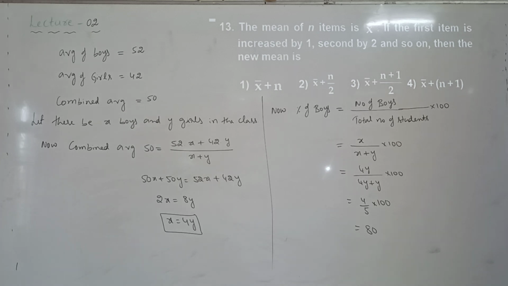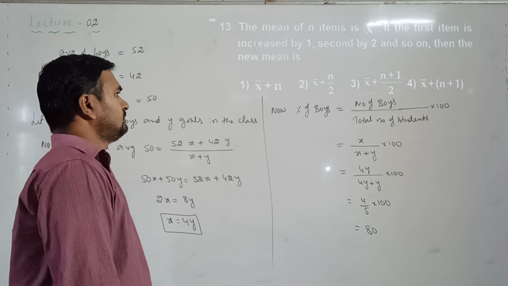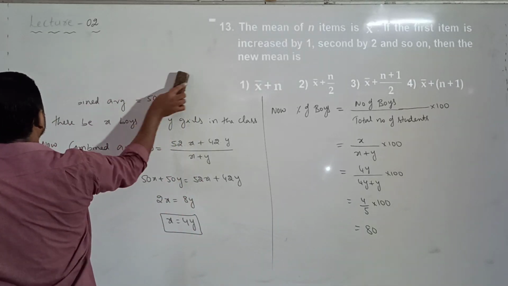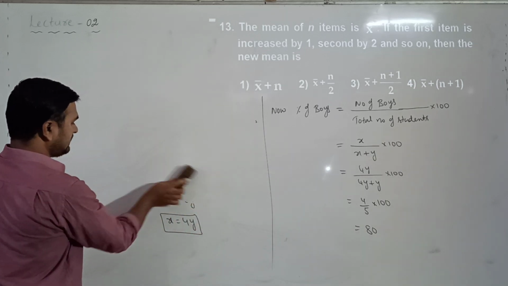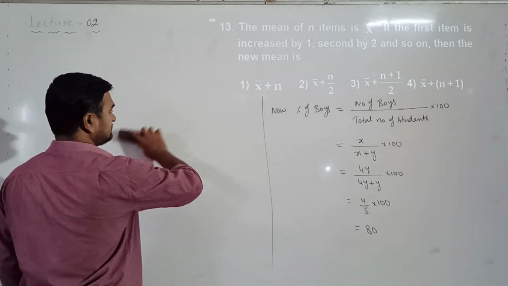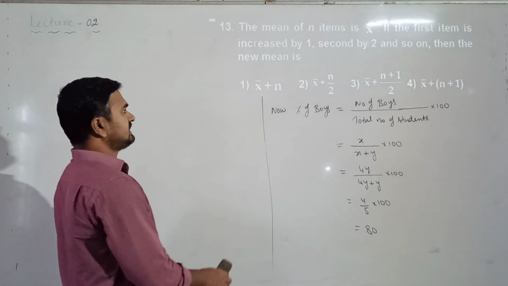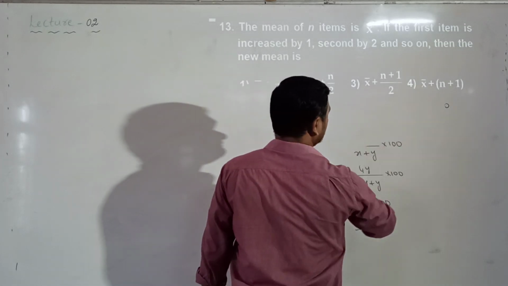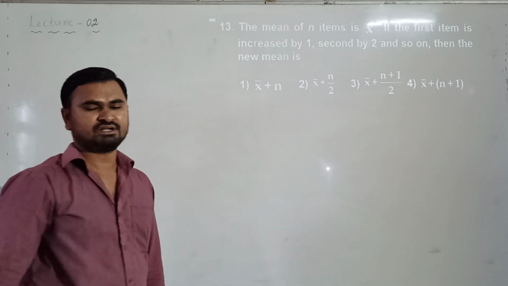The mean of n items is given as x bar. If the first item is increased by 1, the second by 2, and so on, then the new mean is? So observations are given and their mean is x bar. Now we can see that each item is not increased by the same quantity here.